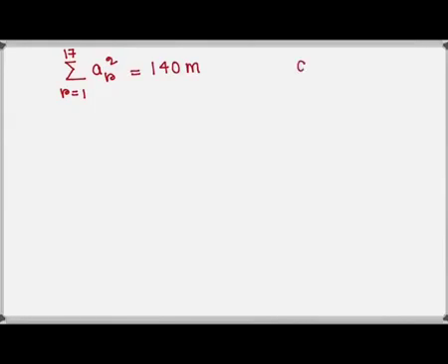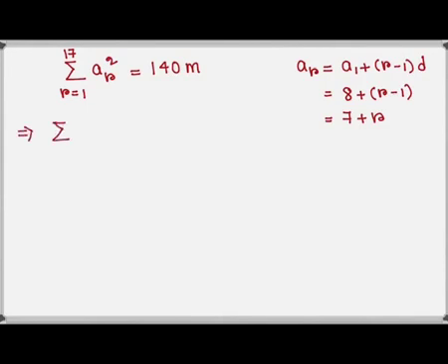Now we know what is ar. Ar is a1 plus r minus 1 into d, and we have already got the value of a1 is equal to 8 and the value of d is equal to 1. So therefore ar is equal to 7 plus r. Substituting it here, we get sum over r runs from 1 to 17, 7 plus r whole square is equal to 140 m.